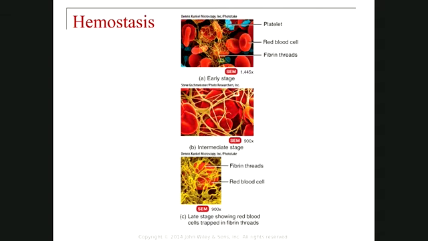If you look at this picture, you can see fibrin strands forming. These are the fibrin. The fibrin comes from fibrinogen. Fibrinogen is a soluble protein in the blood, and it becomes insoluble and becomes fibrin at the time of hemostasis. And you can see that the fibrin becomes more and more here, and they can trap the red blood cells, and this is the clot.